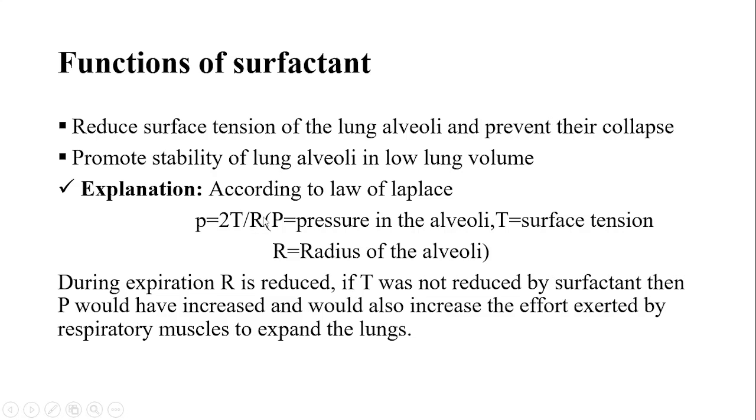The infant alveolus is much smaller than our adult alveolus, so the radius is already smaller, and in this case the surface tension is also increased because of the absence of surfactant. So you can imagine what will happen: their intra-alveolar pressure will be so increased that the alveolus would collapse.